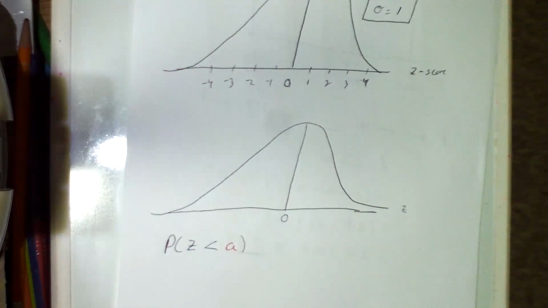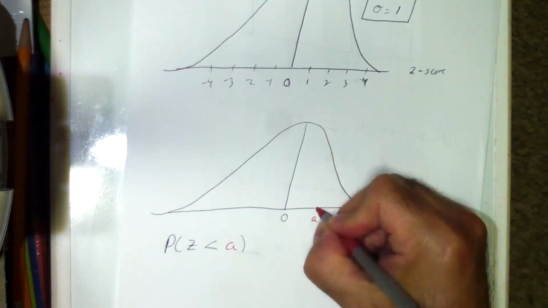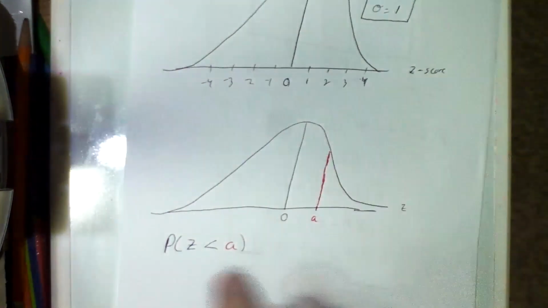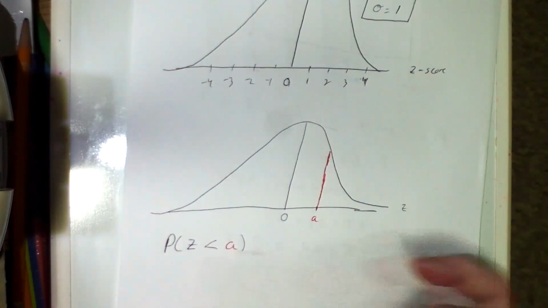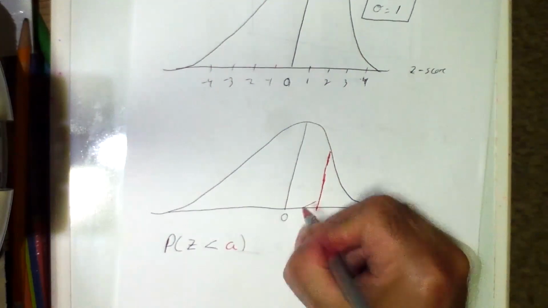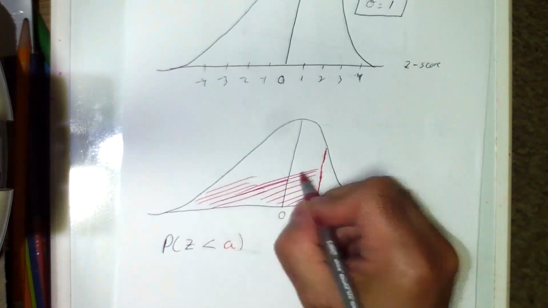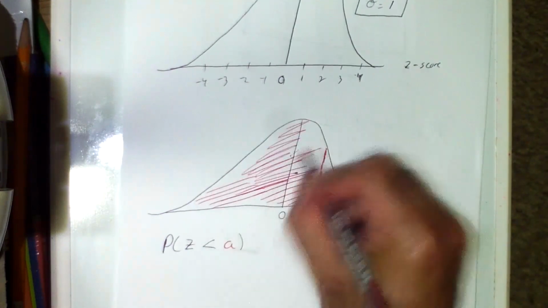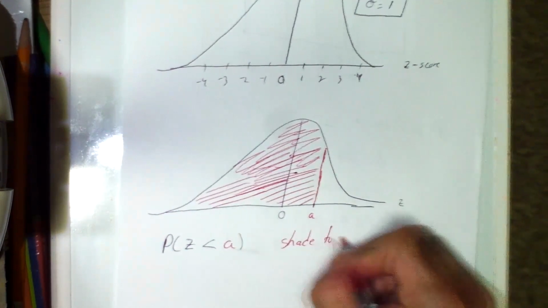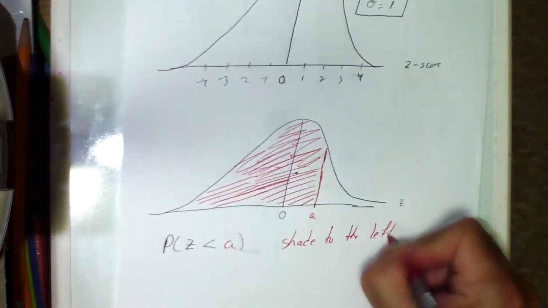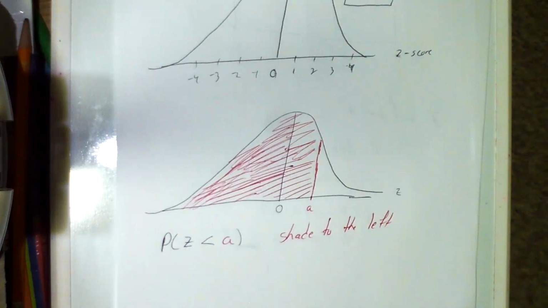You plot your A, you draw the line, and because it's less than, we're going to shade to the left, as you recall from the uniform. That's the first one.